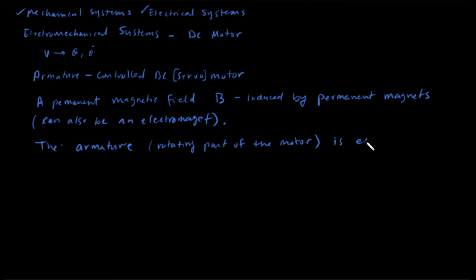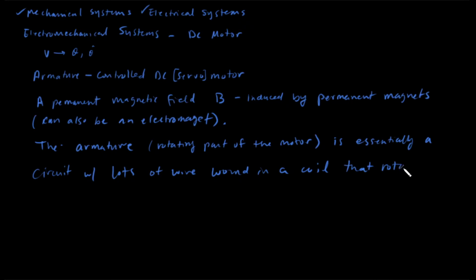The armature is essentially a circuit with lots of wire wound in a coil, and it's a coil that rotates freely about a shaft. We'll draw a picture here in a second, but we'll talk about the dynamics here.